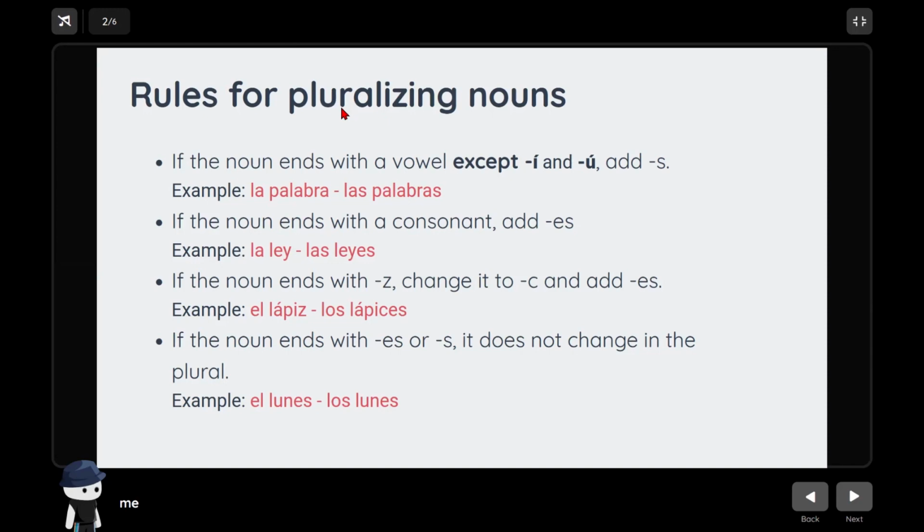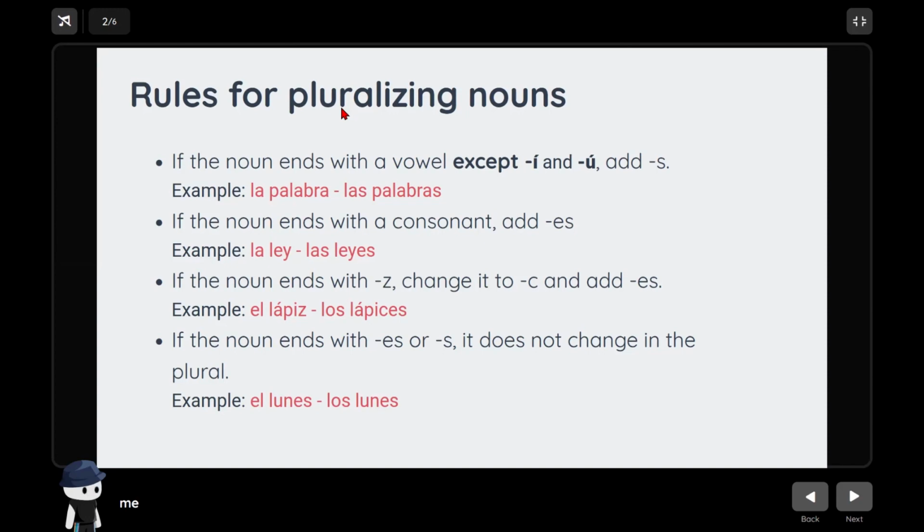We have the word la palabra, which literally means the word. Palabra is word in English. Las palabras, the words, is the plural of la palabra. We add an S, and it makes it plural. Please note as well the definite article changing from la to las. Of course, you can see that; we spoke about that in the last video.